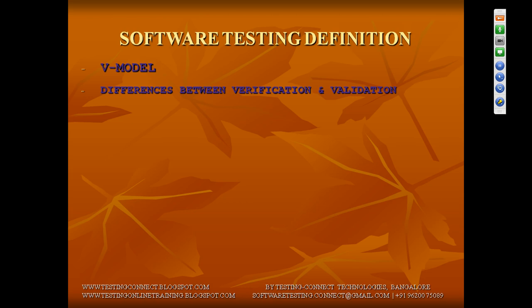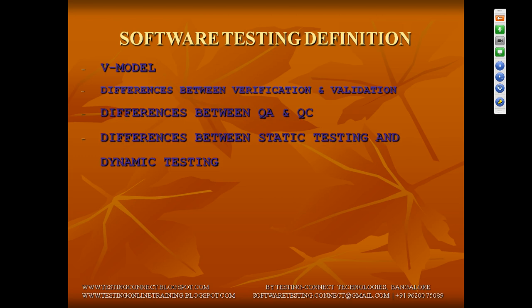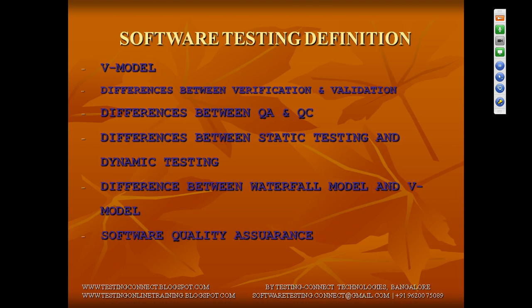Okay, then differences between waterfall model and V model, differences between verification and validation, difference between quality assurance and quality control, static testing and dynamic testing, and software quality assurance as well we covered. Also same story. What is software quality assurance? Monitoring and measuring in each and every phase of your software development life cycle.